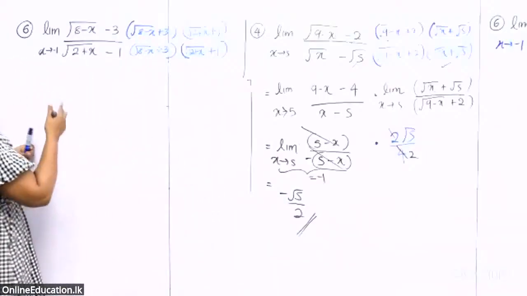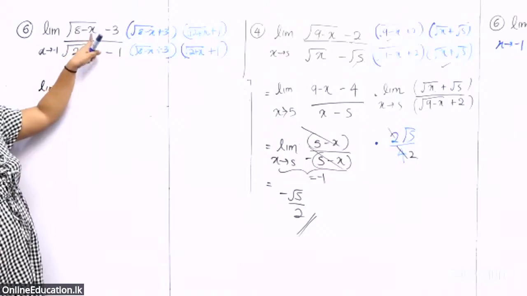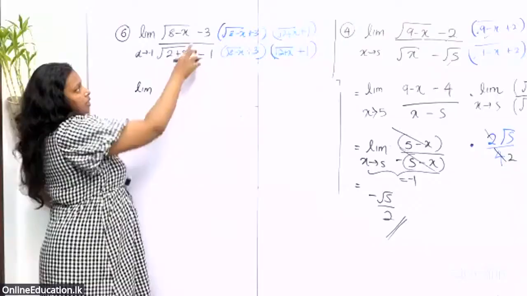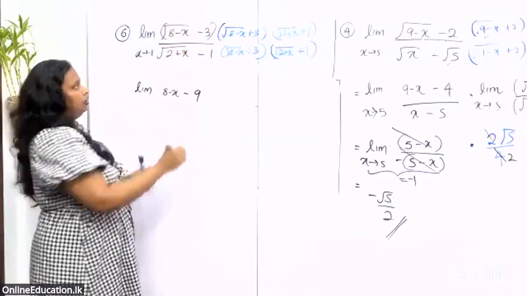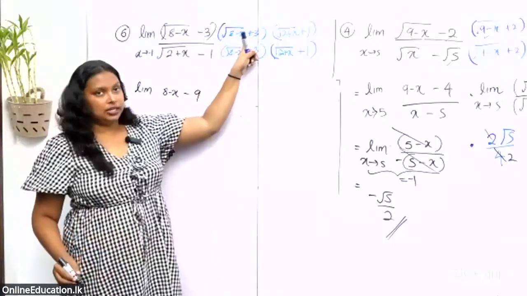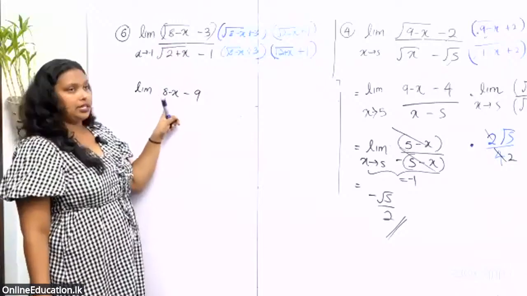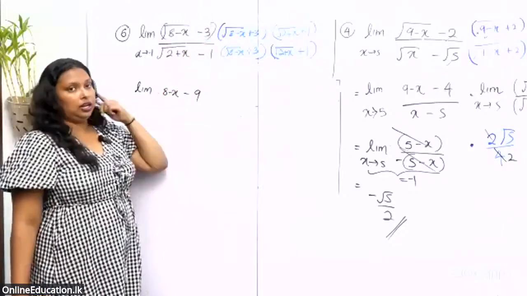Limits of, in the numerator, 8 minus x, the square of root 8 minus x, minus 3 squared, which is 9.